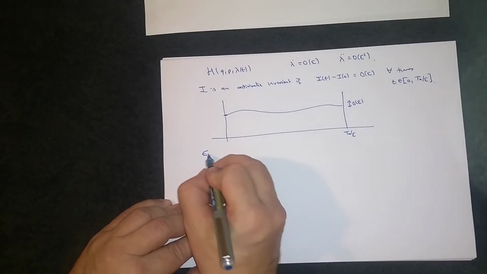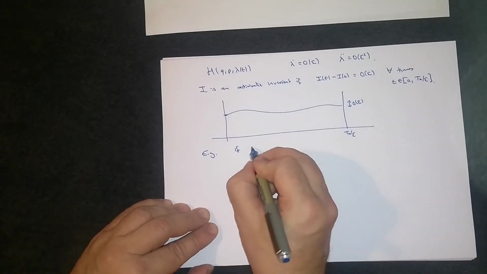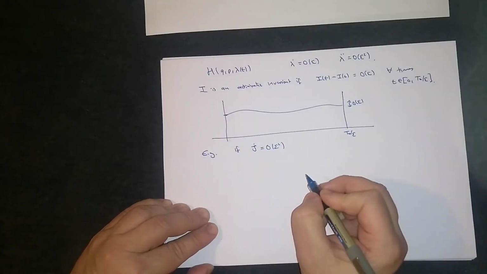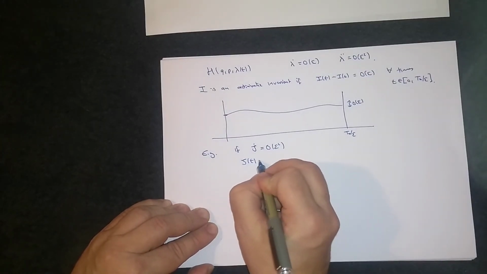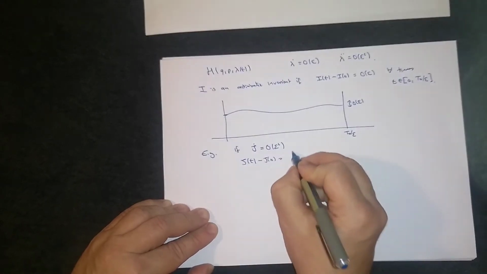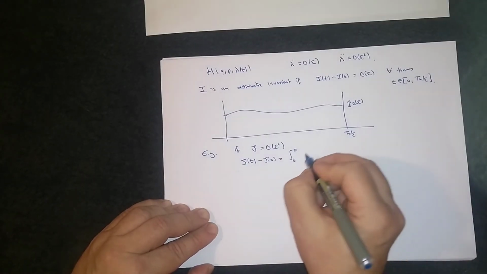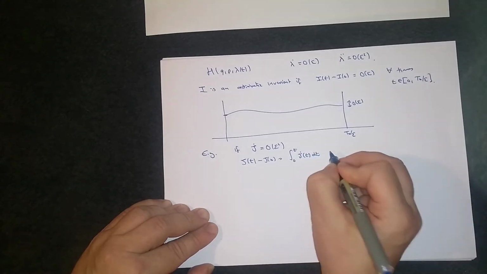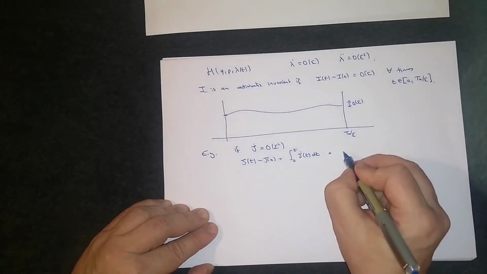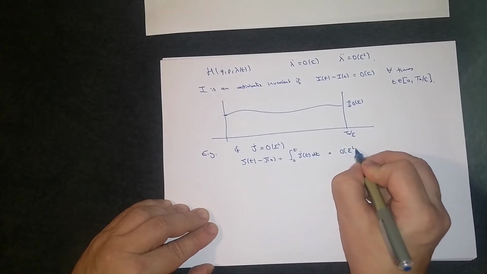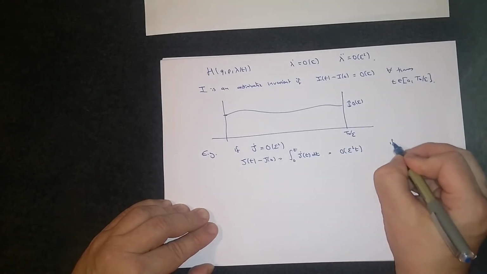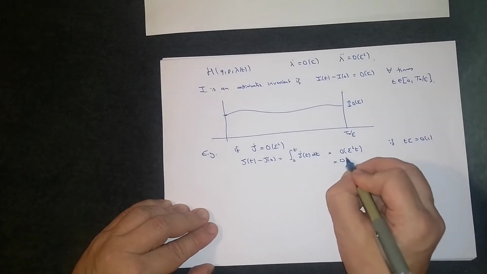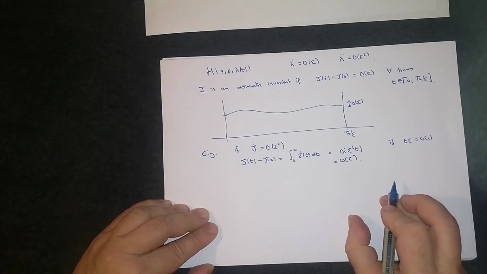An example: if j was some function which was order epsilon squared, then j of t minus j of 0 would be the integral 0 to t of j dot dt, which would be order epsilon squared t, and if epsilon t is order 1, that's order epsilon, which is what we want.